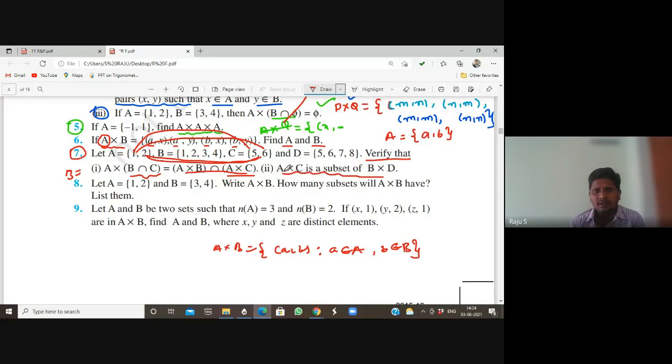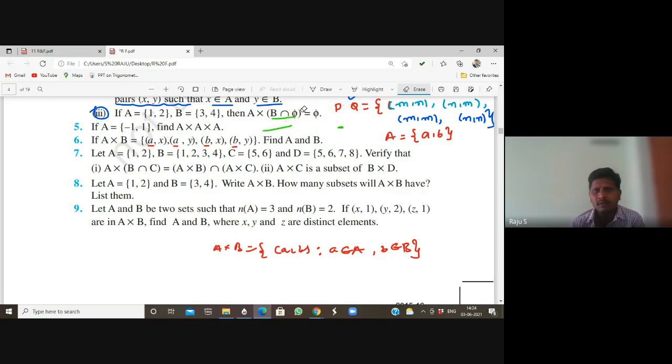Now the second one is: A cross C is a subset of B cross D? All of you, first you should find the set of ordered pairs of A cross C. Then you should find the B cross D value.